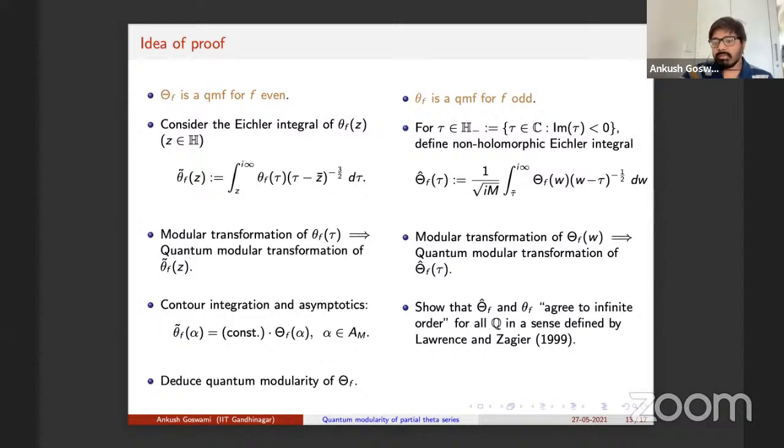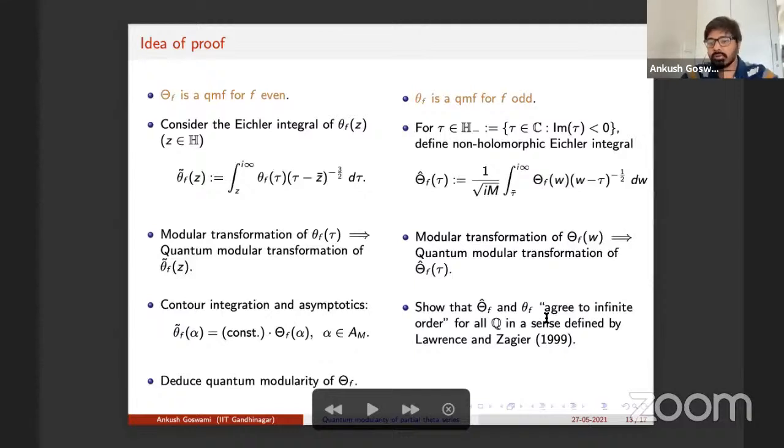So if you consider, let's say, alpha a rational number, then what you want to show is that if you consider theta hat sub f of alpha plus it, and small theta sub f of alpha plus it, then as t tends to 0, they have similar asymptotic expansions.